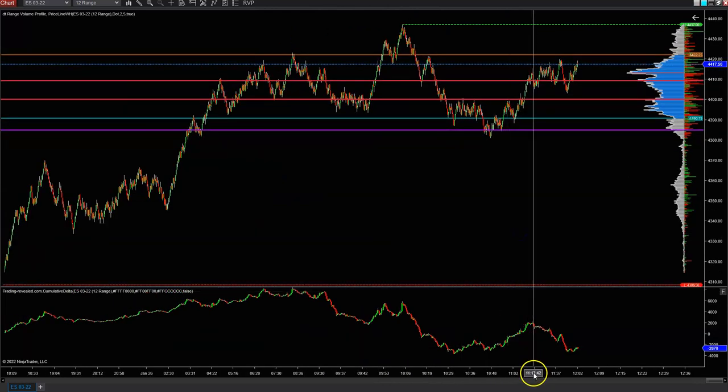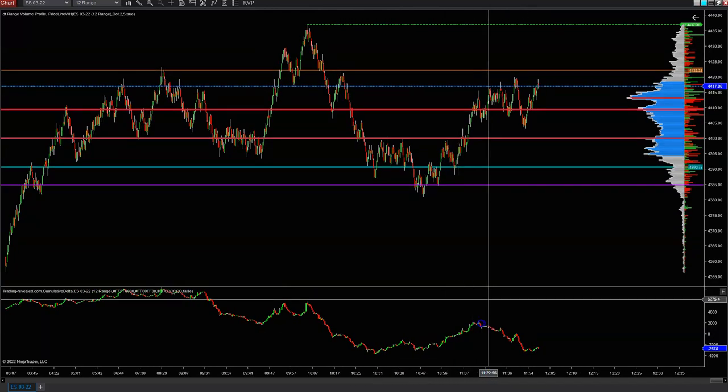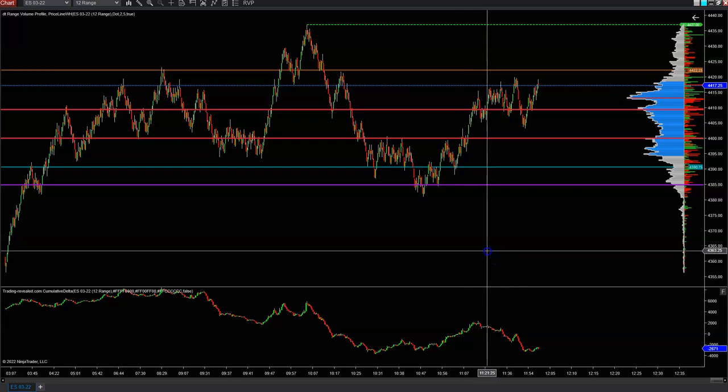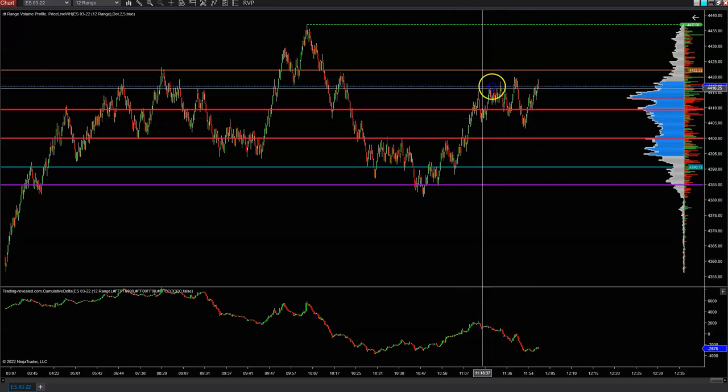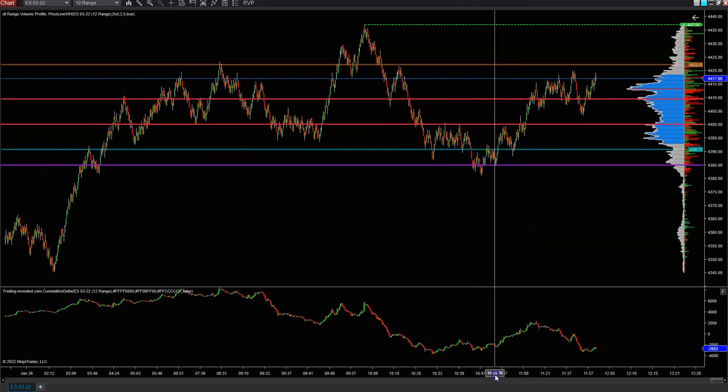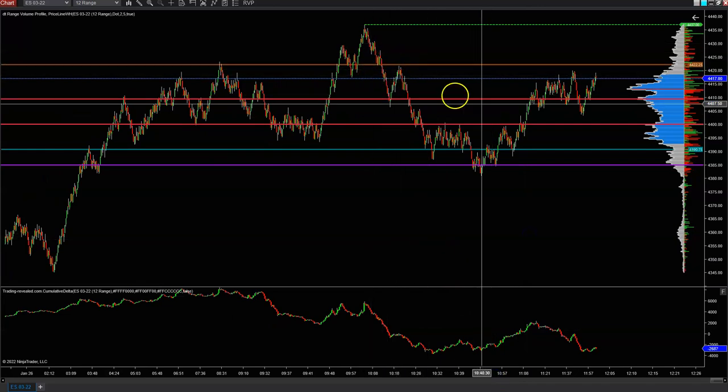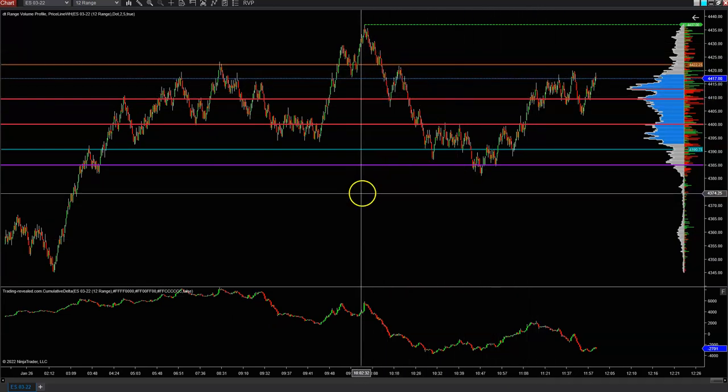Market's moving sideways right here, guys. I'm going to go ahead and close the video out here. And yeah, I don't like what the market is doing. So maybe it breaks this area here and pushes up higher. I'm not sure yet, but it's moving sideways right now.